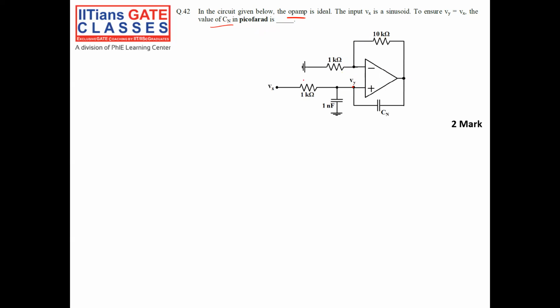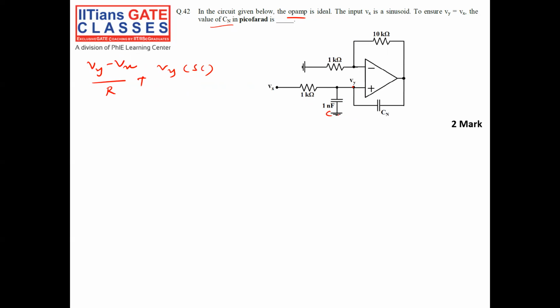So (Vy minus Vx) by R plus Vy into the admittance, 1 by Sc, so it will become Vy into S into C, where C is 1 nanofarad.